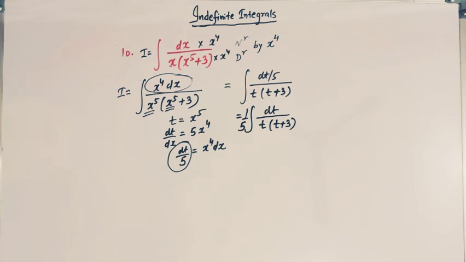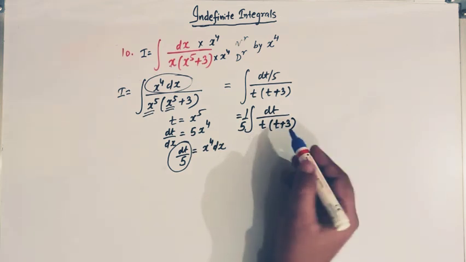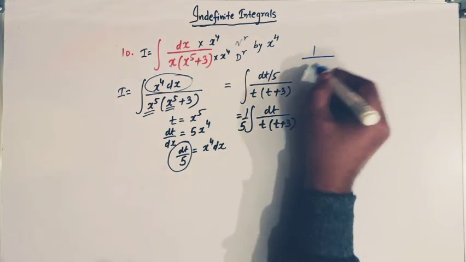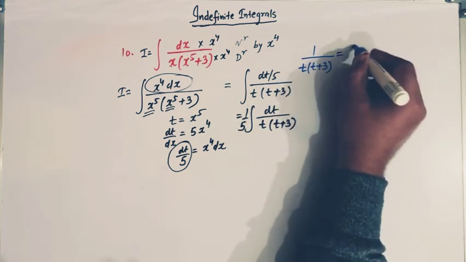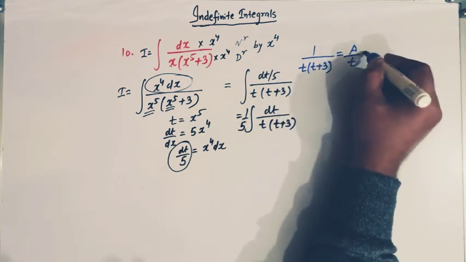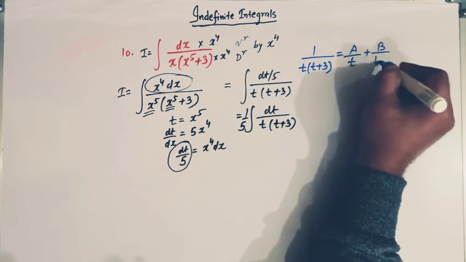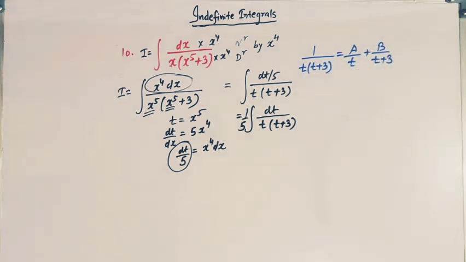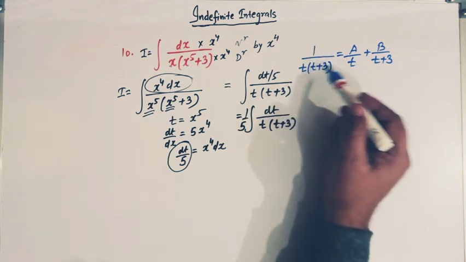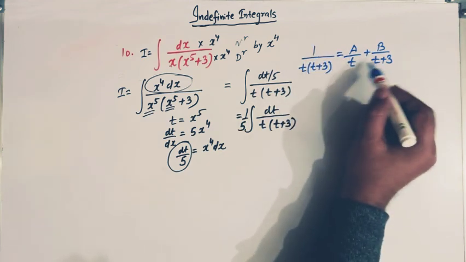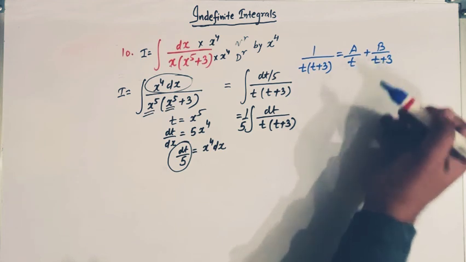Now here we'll make use of the method of partial fractions, and we can write 1 over t times t plus 3 as a over t plus b over t plus 3, right? So we have resolved this rational function into these two partial fractions.